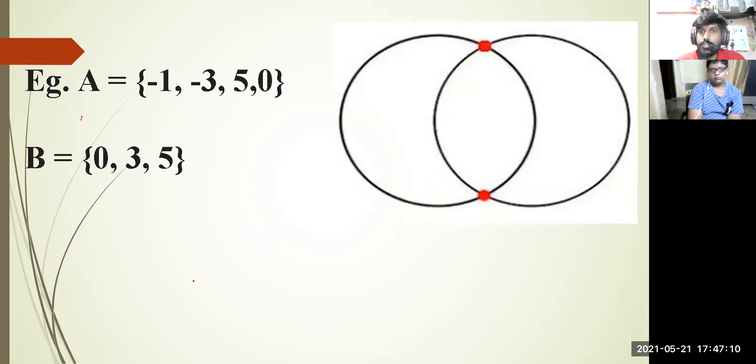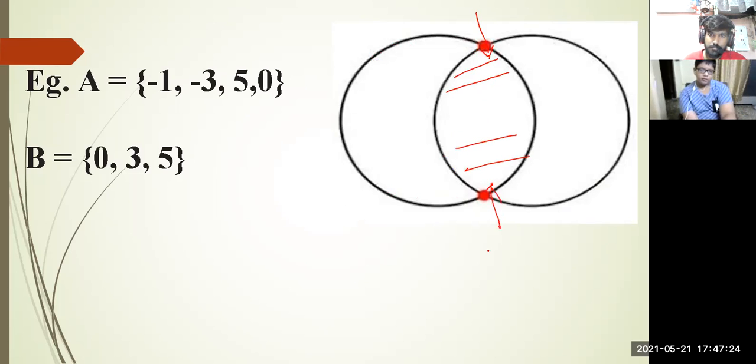Now, if you draw the Venn diagram, can you tell me which elements I should write where? Let's start with the intersection. This portion is the intersection portion. What elements should I write here? 0 and 5. This is A intersection B, so here you will write 0 and 5.